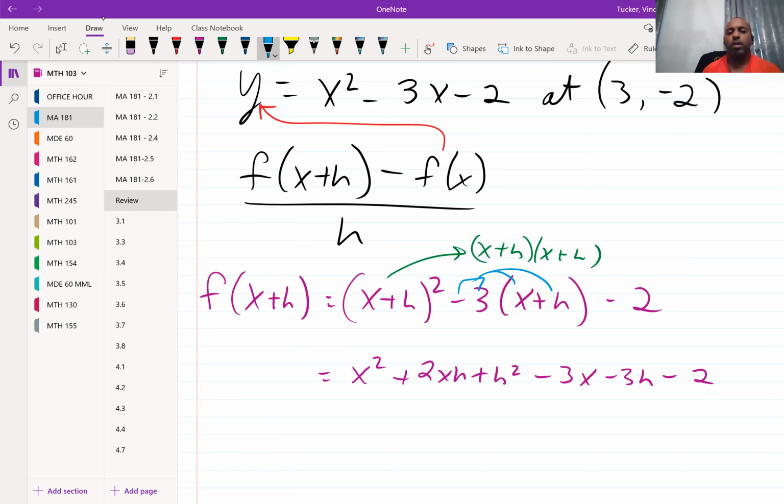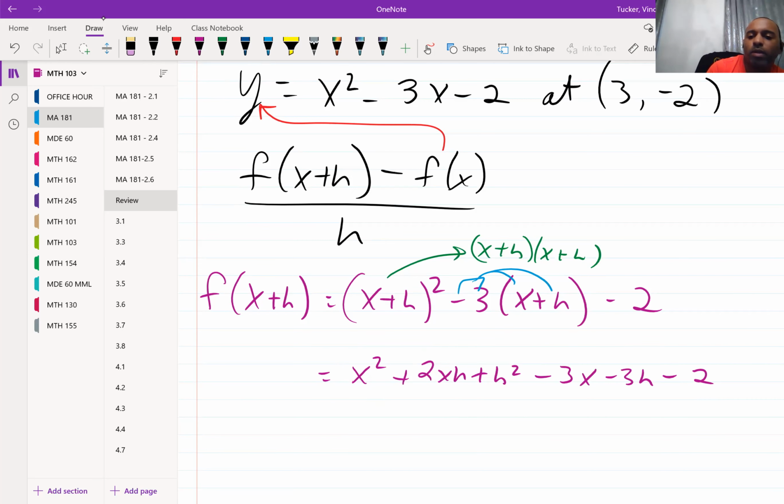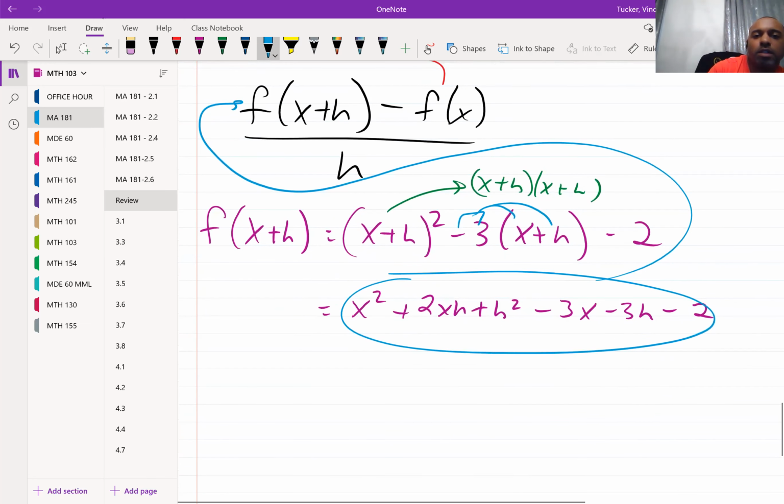Distribute that. We expand out x plus h times x plus h, which should give us x squared plus 2xh plus h squared. Then distribute the -3, which would be -3x minus 3h, and then minus 2 is still there. So all of that is f of x plus h. Now we can plug this in where we see f of x plus h.